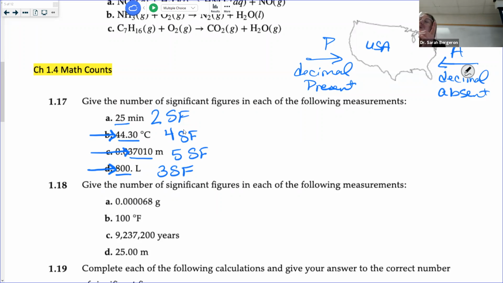So generally, if you were looking at a ruler, how precise that is depends on how many of those little tick marks you have. The more tick marks you have, the more precise your answer can be. So in science, it is super important to keep track of that precision. And the way that we do that is we use what are called significant figures, or as I like to call them, sig figs. Just sounds cooler, right?